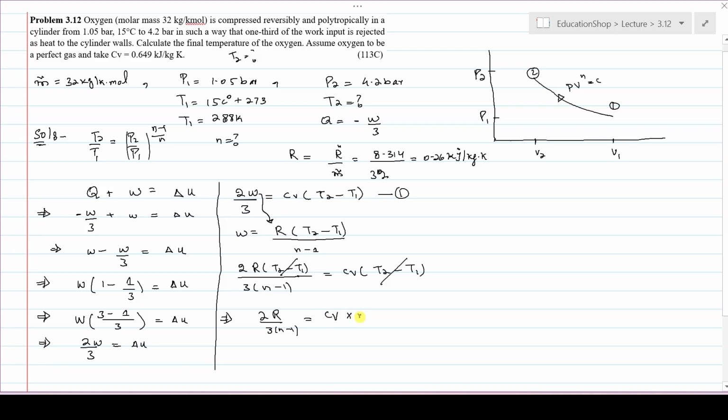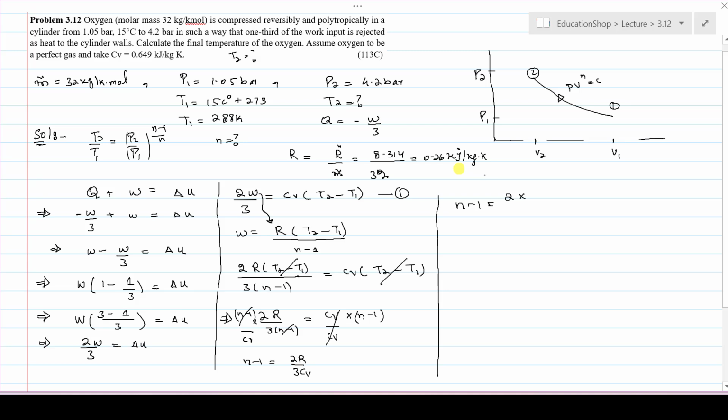Multiply both sides by n minus 1, so n minus 1 cancels on the left, and also divide both sides by CV. You will get the final expression: n minus 1 is equal to 2R divided by 3CV. Now just enter the values of R and CV in this equation.